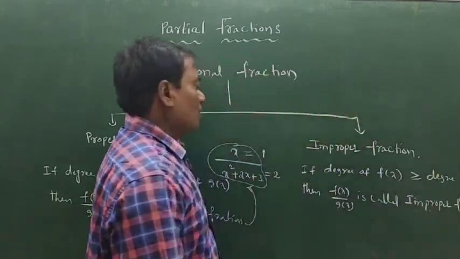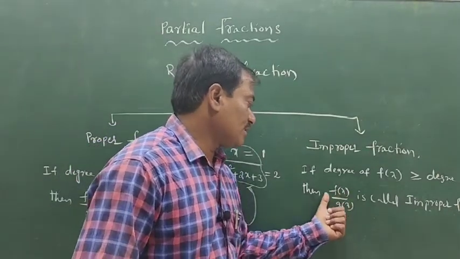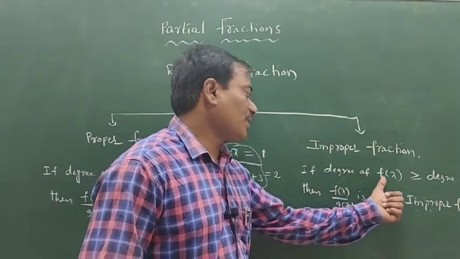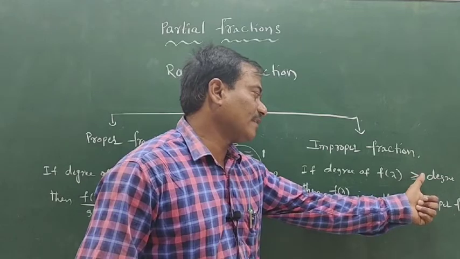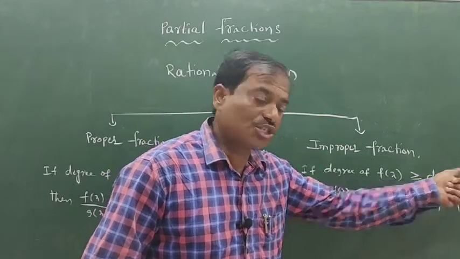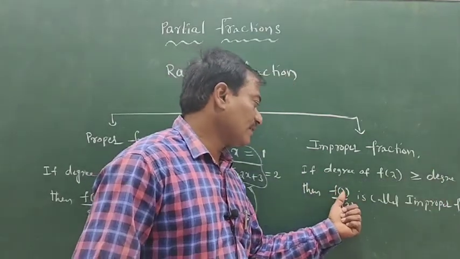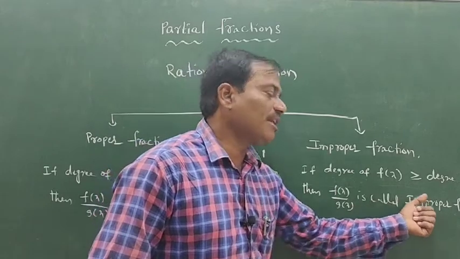So in this rational fraction, if the degree of f of x is greater than or equal to the degree of g of x, then the given rational fraction is called an improper fraction.